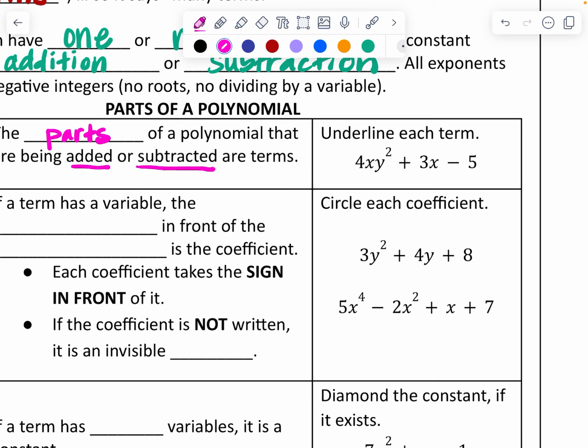Terms are separated by addition and subtraction signs, so that's how you can differentiate. I have one term here, I have the next term here, so that plus sign is indicating that the 3 is positive, and my third term is negative 5. Again, that minus sign is indicating that 5 is negative. So there are 3 terms.